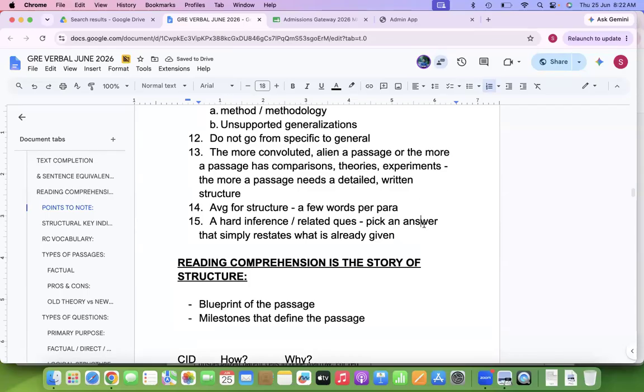Don't pick something which is not even there. The answer has to come from what's already there, not from somewhere outside. Like we were saying, if we are dealing with an iceberg, your answer cannot be a dolphin.